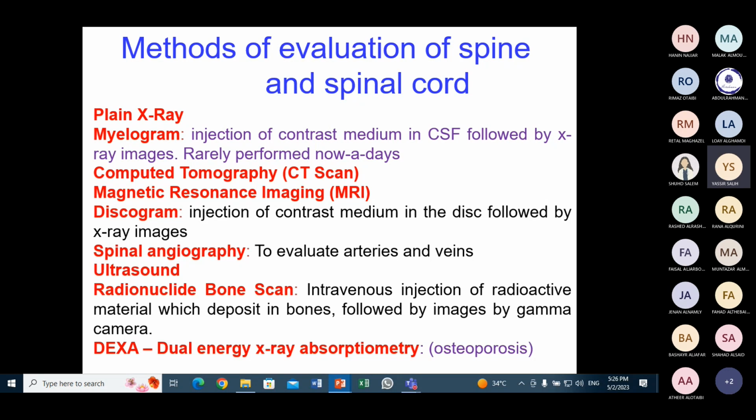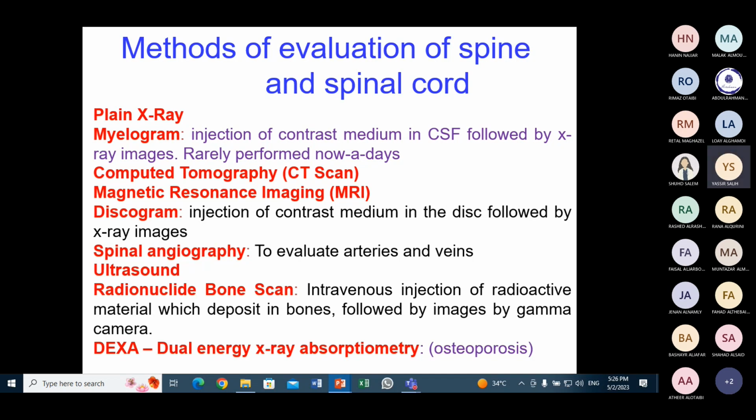This technique requires administration of contrast into the CSF space, followed by imaging of the area of the spine. It can be done by X-ray, CT, or even MRI. So we have CT myelogram, X-ray or conventional myelogram, and MR myelogram.